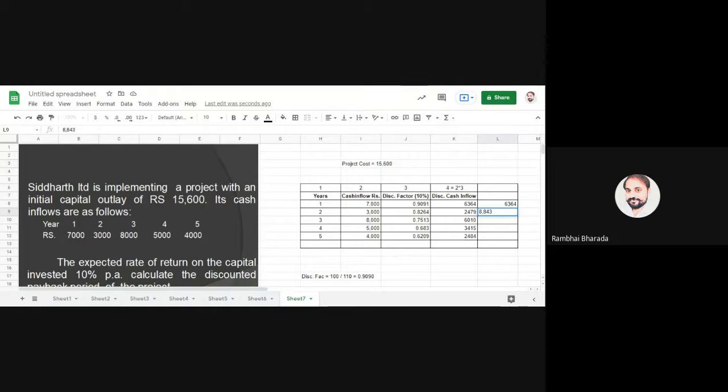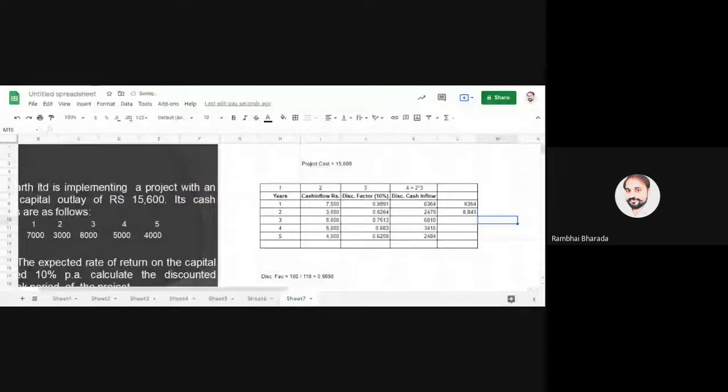In the third year, 8,843 plus 6010, you will get 14,853, plus 3415, your answer is 18,268, and last one plus 2484. Answer is 20,752. My calculation is right.